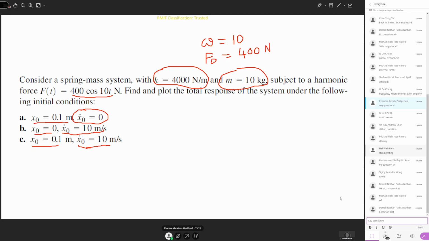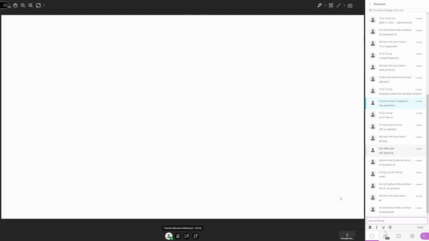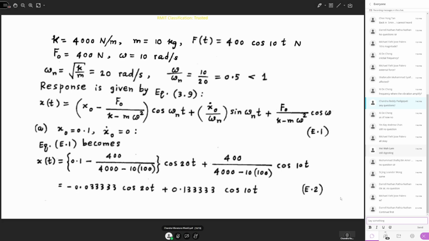So first thing, K and M are given. So your first calculation will be the natural frequency of the system. So K is given 4000, M is given.